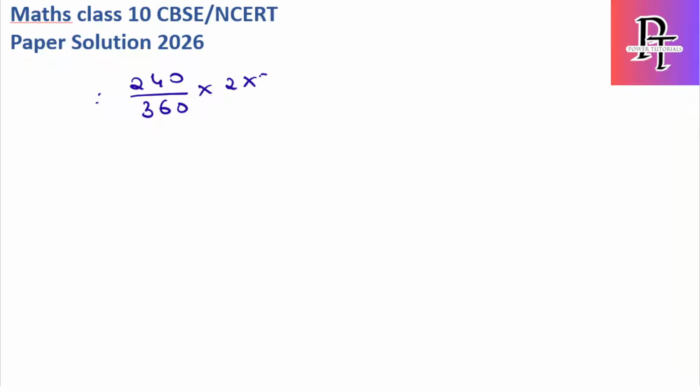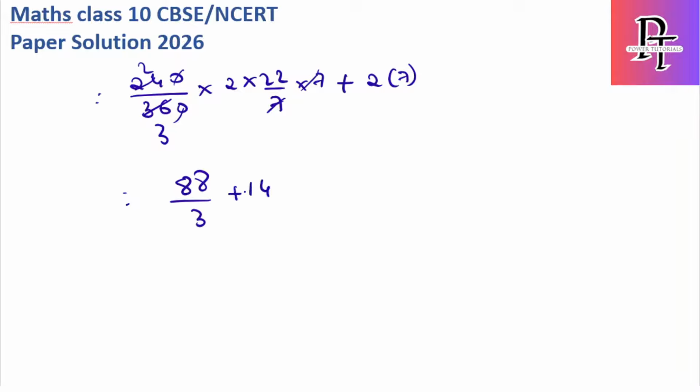It is 2 into 22 by 7 into r, which is the radius, plus 2r, again 2 into 7. Okay, so 7 and 7 get cancelled, 3 into 2 is 6, that's it. So this becomes 2 into 2 is 4, 4 into 22 is 88, 88 by 3 plus 14.